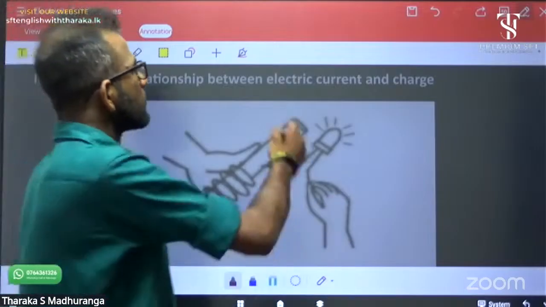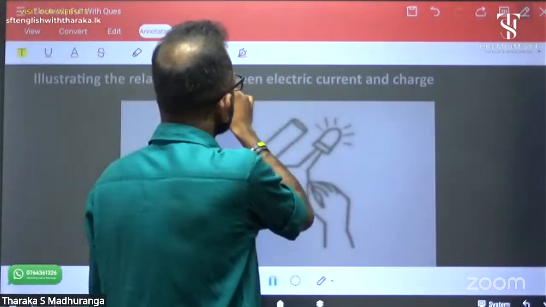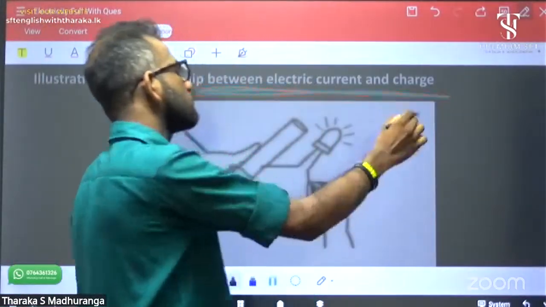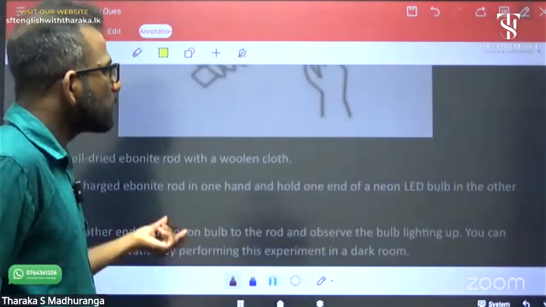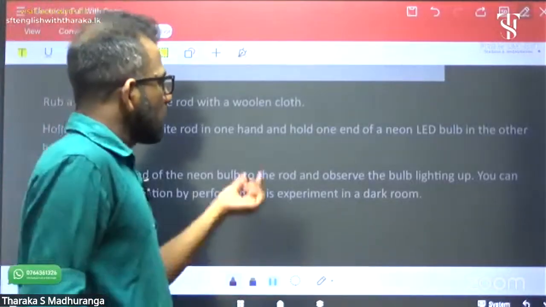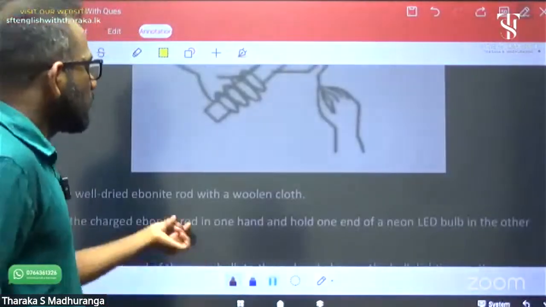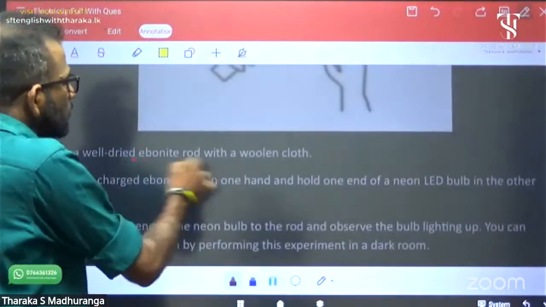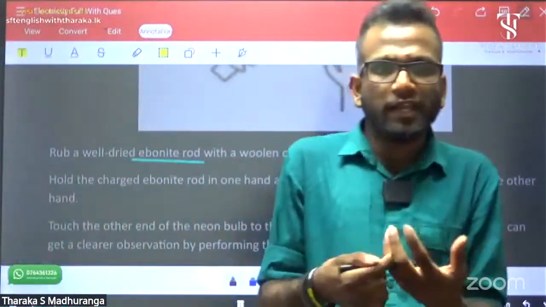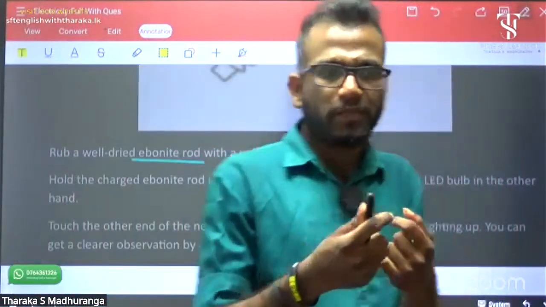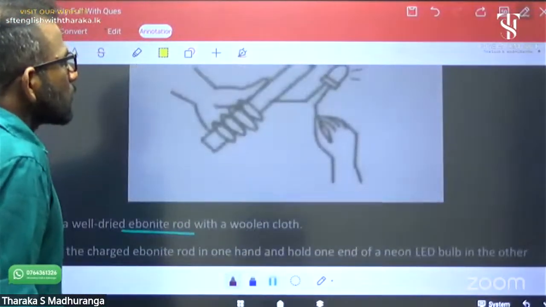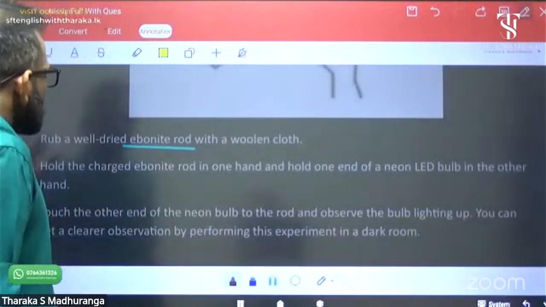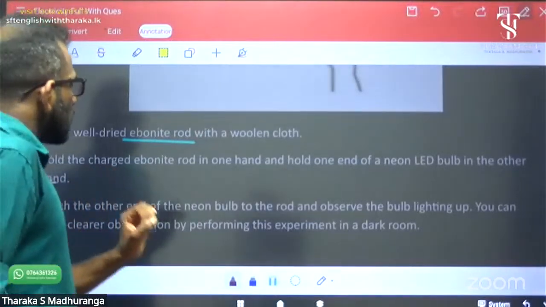Okay, this is the relationship between electric current and charge. This is a very simple experiment. We can get an ebonite rod. Ebonite rod means normally a very shiny rod.